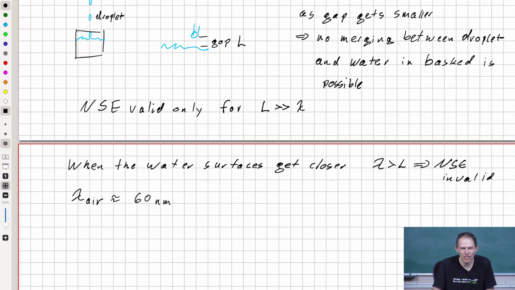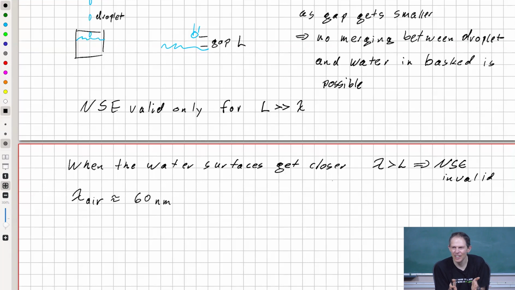It's just that you also have to keep in mind that things, when they get closer, can get closer than 16 nanometers. And the other thing is that this length scale is inversely proportional to the pressure. So if you lower the pressure by 100 times, this gets 100 times larger.